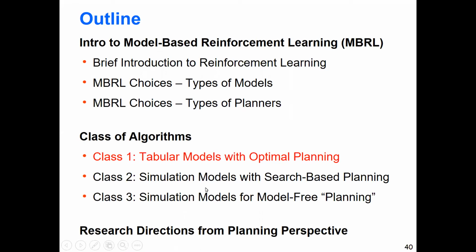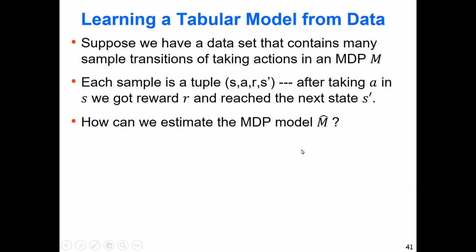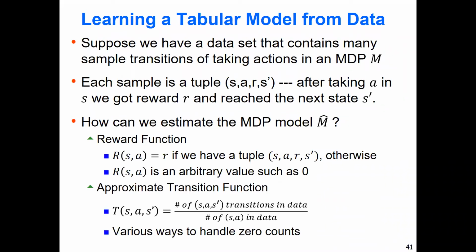Okay, so I'm going to try to go through these and give you a high-level picture of some of these classes. I'm going to start with the tabular model class. One thing to note is that if I give you a whole bunch of data of state, action, reward, next state, it's very easy to estimate a tabular model.